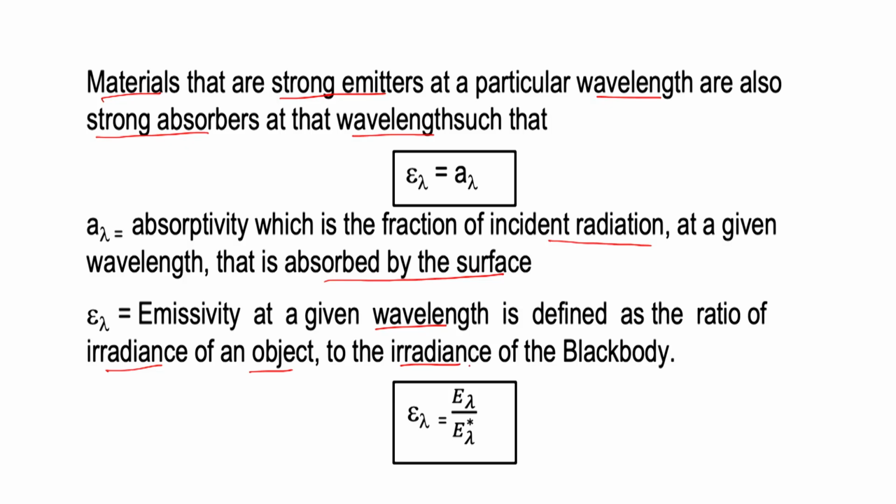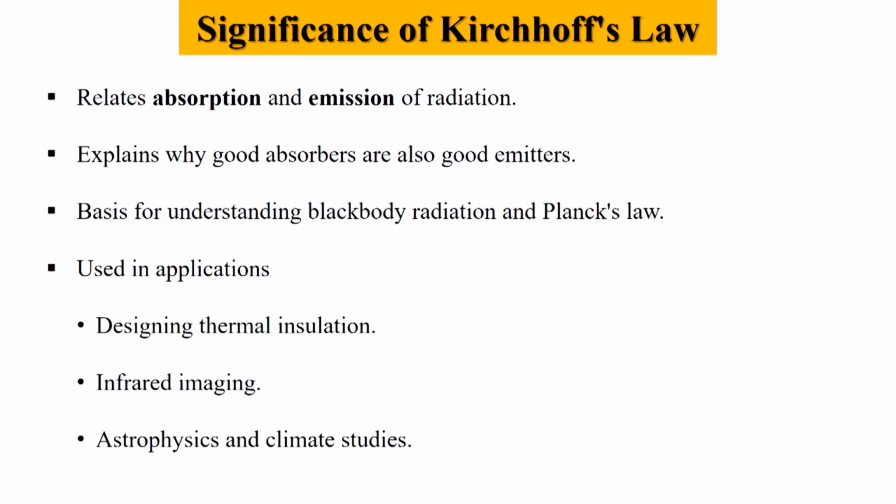You remember in Beer's law we used similar terminology, I upon I0, but there it was incident radiation and transmitted radiation. Here it is compared with the black body. When you compare emissivity or absorptivity, it is always compared to the black body.